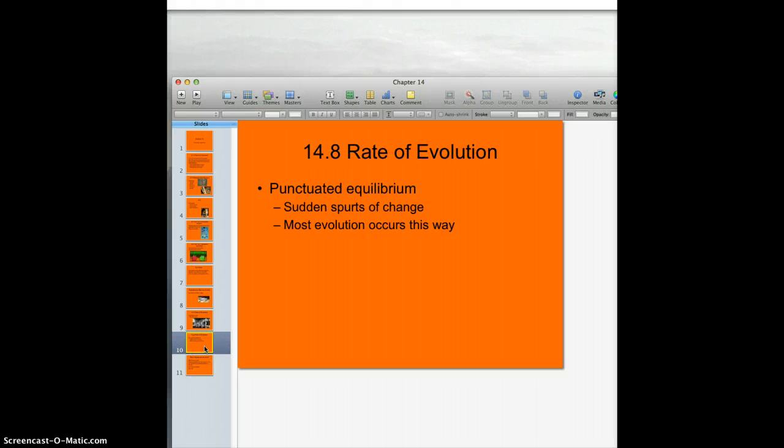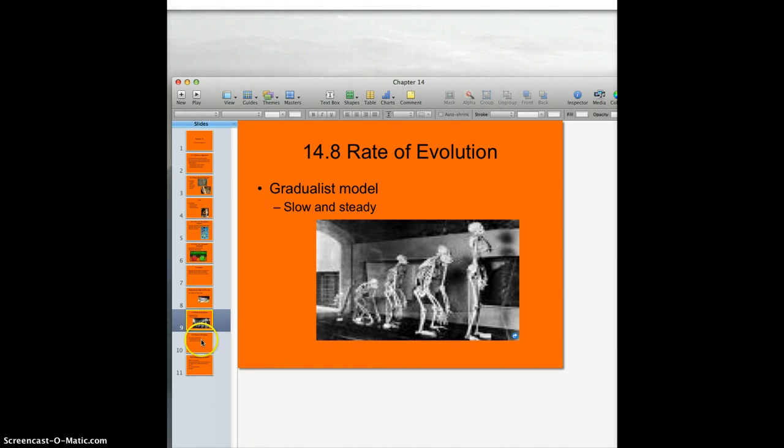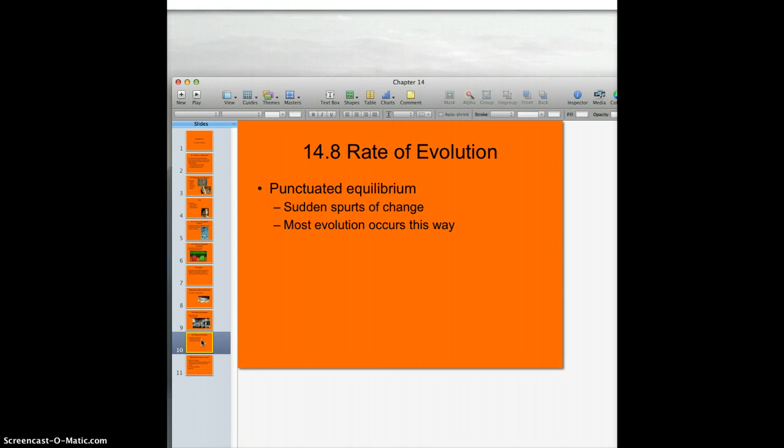This is called punctuated equilibrium. Weird, but true. And all of a sudden you have one species and some disaster happens, and then boom, you get 2 or 3. And actually evolution usually occurs this way. And you can read about why we know about that. It has to do with the fossil record. Darwin first believed in gradualism, but most biologists today now buy the idea that punctuated equilibrium actually happens more often.